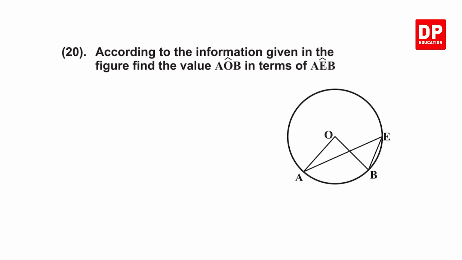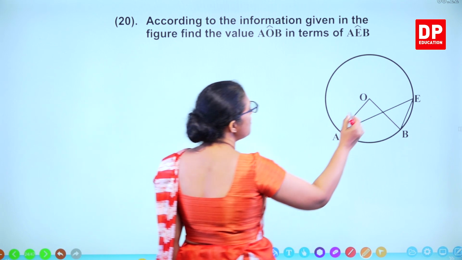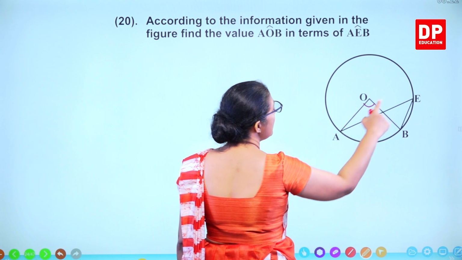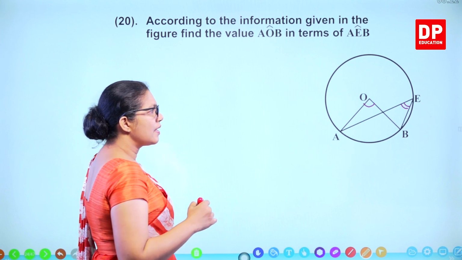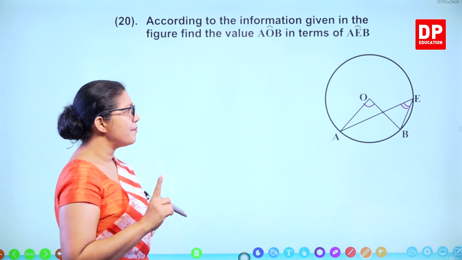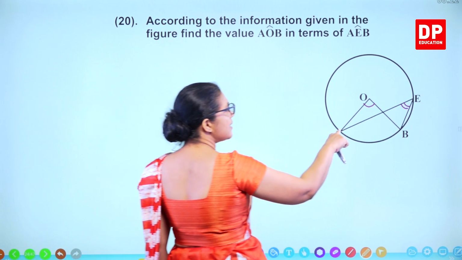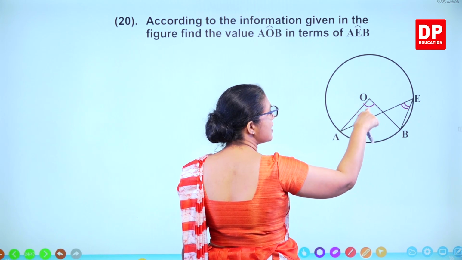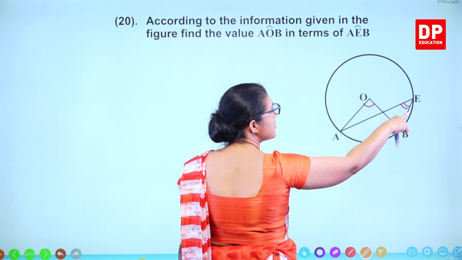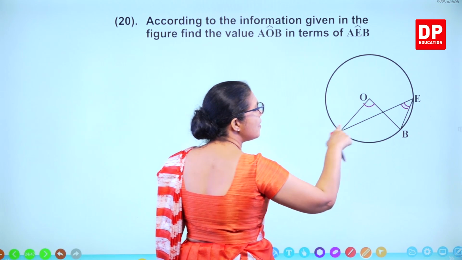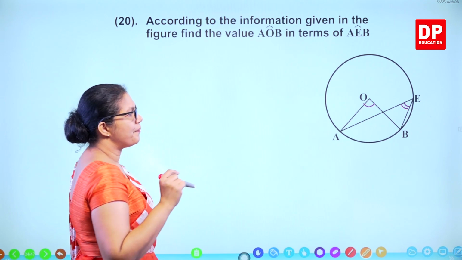Question number 20. According to the information given in the figure, find the value of angle AOB in terms of angle AEB. What can you say? It's a circle theorem. This is the angle subtended at the center, and this is the angle subtended on the circumference with the same chord AB.